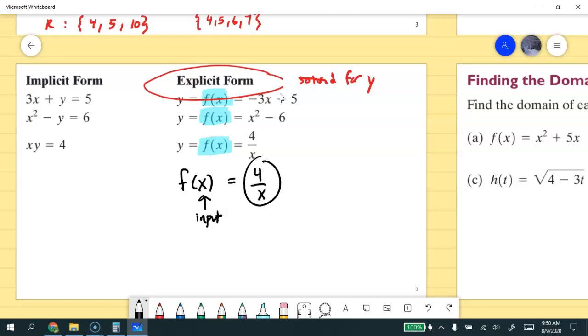So this entire thing is your output. To prevent confusion, instead of calling this another thing, which is called y, we simply say that y is equal to f of x. Each one of those f of x all together represent y.